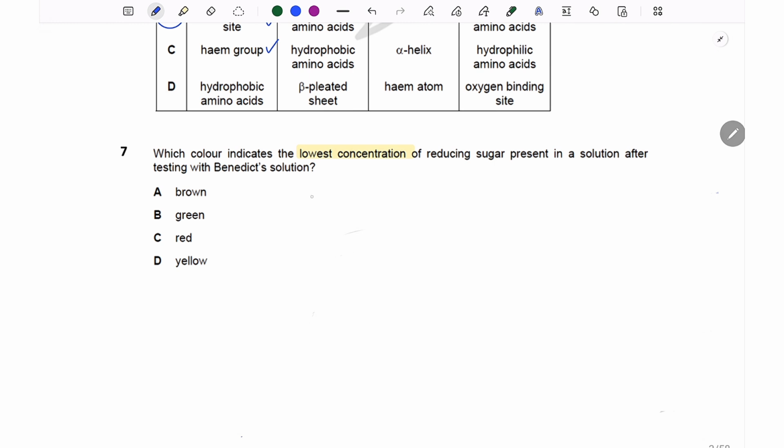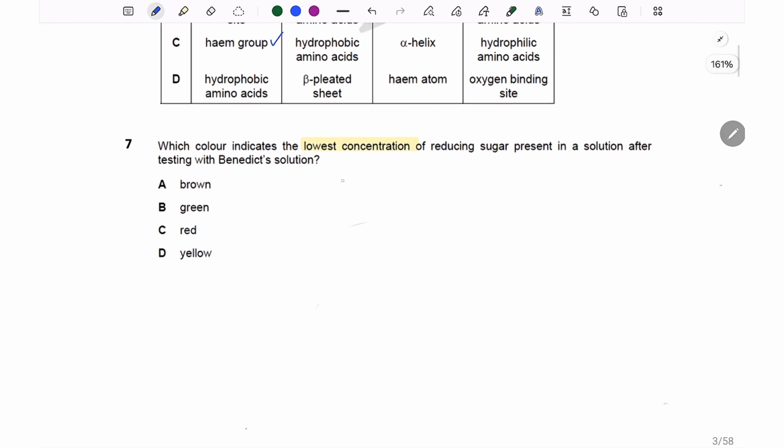It goes from blue to, in the end, you get a brick red color if there is a high concentration, but otherwise you would get orange, yellow, and green.